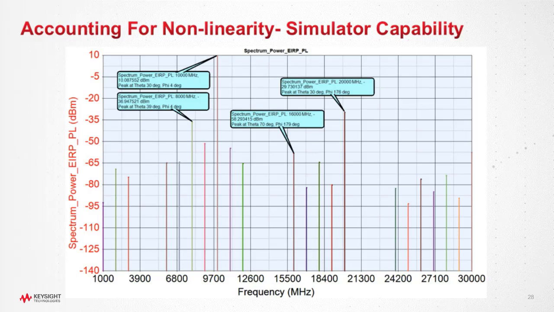If we hover over the marker, we can find the far field EIRP value of that frequency and the direction in which that maximum value is happening.